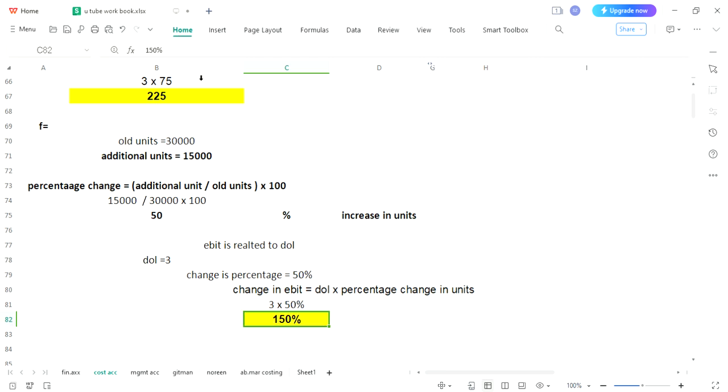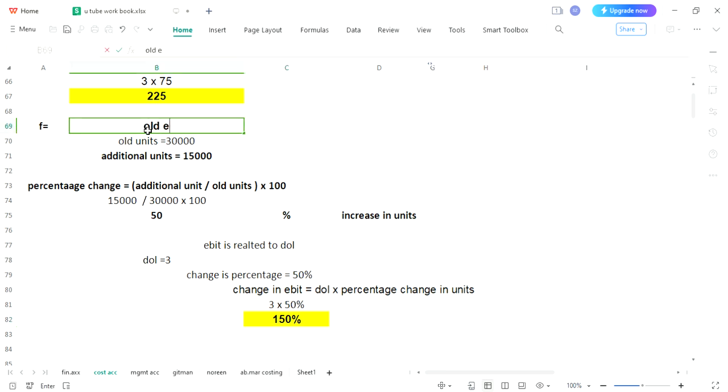So what you have understood from it, simply this degree of operating leverage would be used to predict. Your degree of operating leverage was 3, change was 50%. It means total 150% would be changed in your EBIT. Old EBIT can also be mentioned over here.